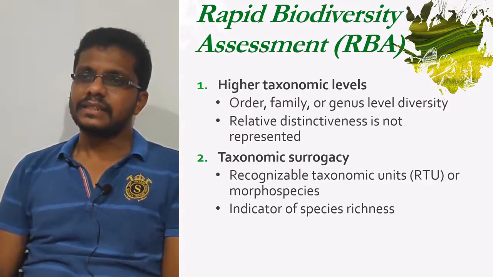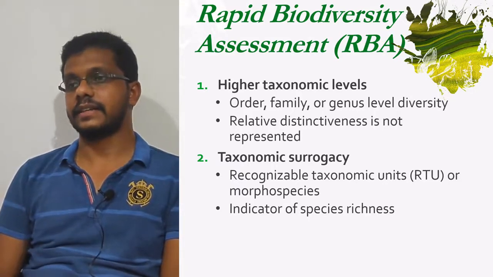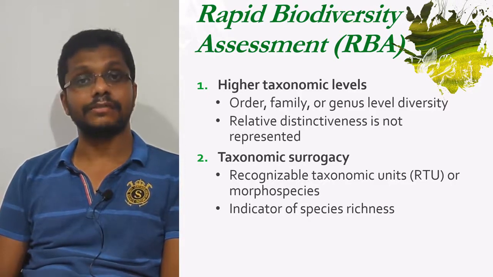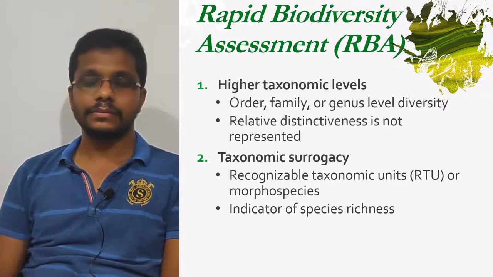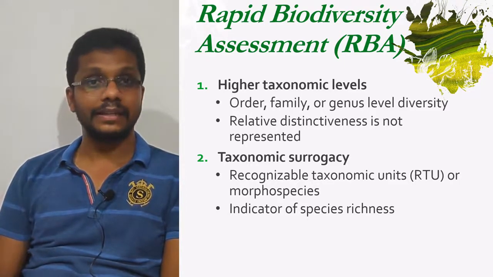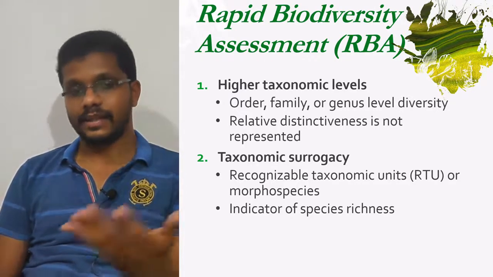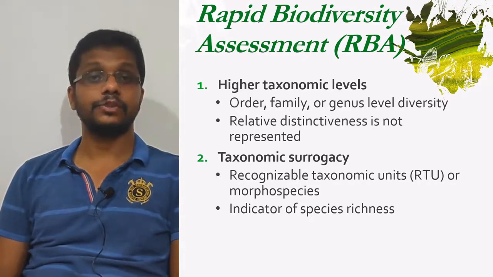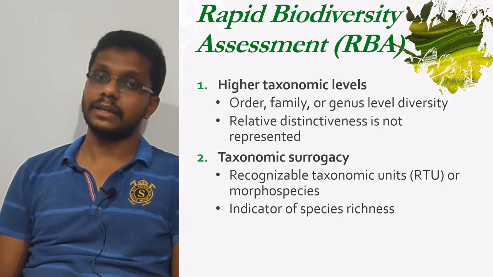The genetic diversity inventories are difficult to make. I already said that. The thing is that making a species level diversity inventory itself is difficult. And most of these genetic level inventories are supposed to be made for species which are endangered. We need to get the samples, we need to do the sequencing work, which is expensive and time consuming, and we need to do so many things to get a complete genetic level inventory.